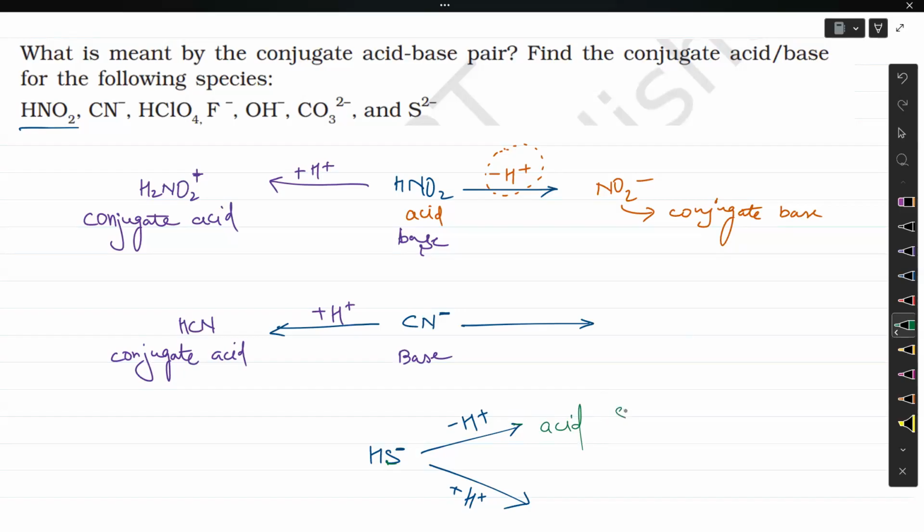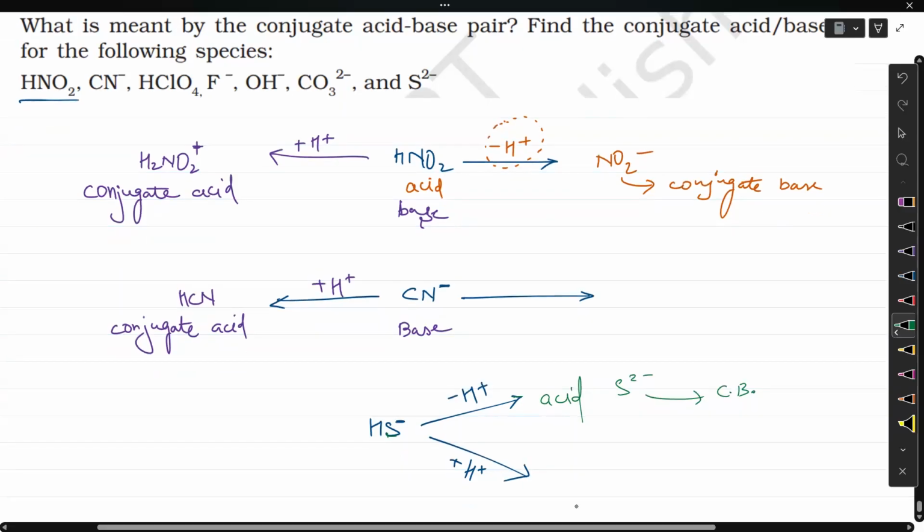So what will be the final answer? If we remove H plus, it will become S2 minus, right? And it is a conjugate base. In the second case, is this acting as an acid or a base? Base.